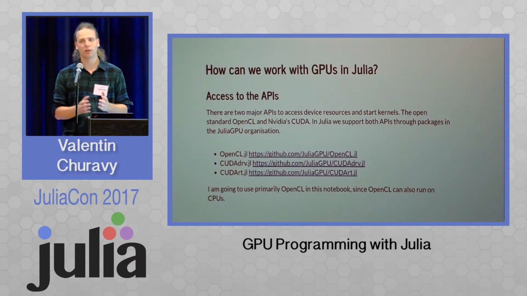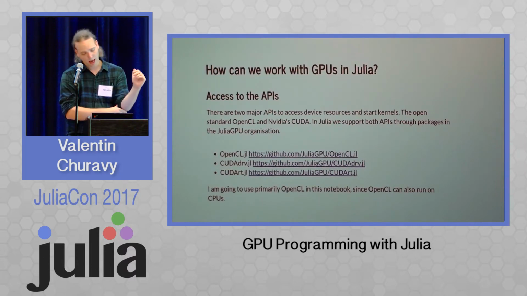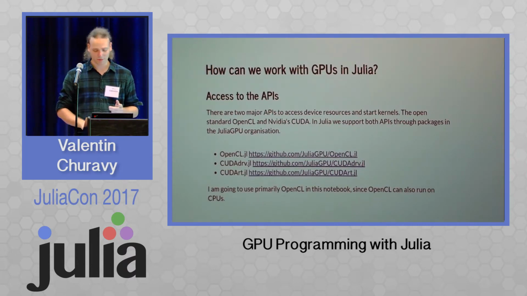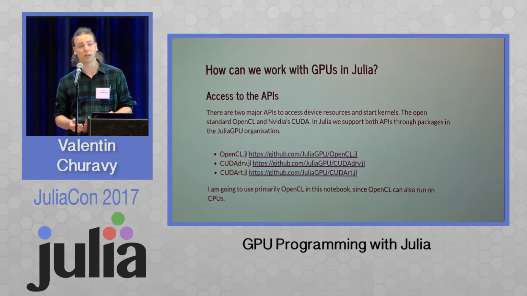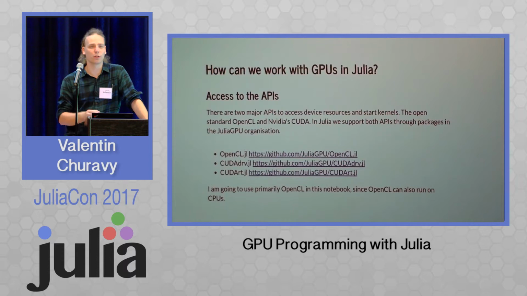We support all of these APIs, and we have packages under the JuliaGPU organization. And in the next couple of minutes, I'm going to use OpenCL.jl, first of all, because I'm more familiar with it, and second of all, because it can run on a laptop.